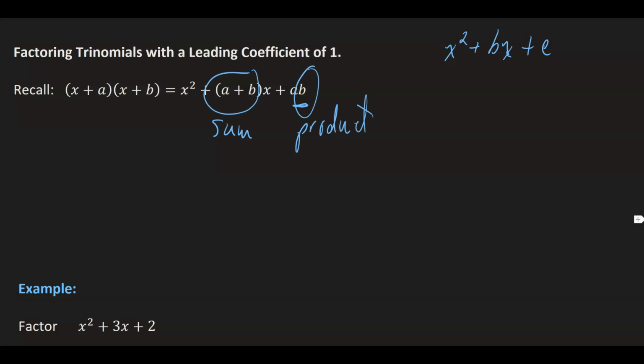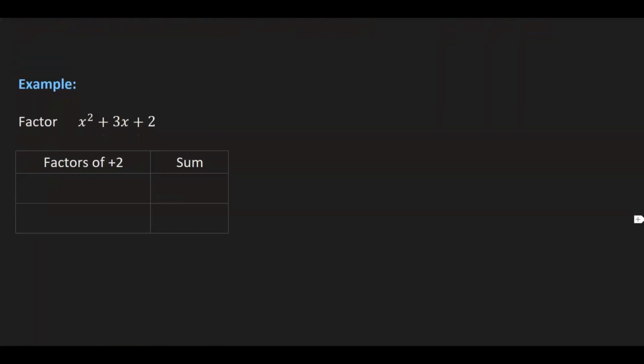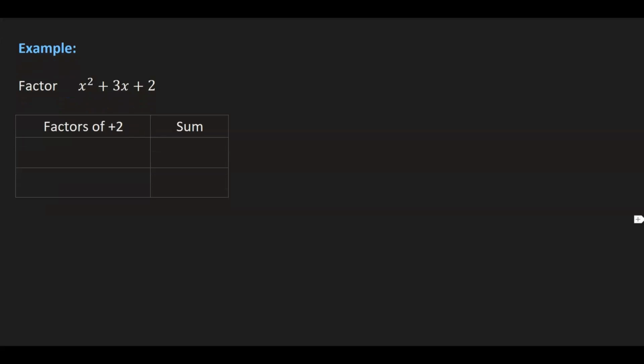Okay? So let's just scroll down here and we will ask ourselves the same thing with this example. It takes on the same form. And so we're looking for, remember we want to break this 3 into the a plus b, right? So we want to have 2 numbers that have a sum of 3, and they also require to have a product of 2. Now, I can start thinking about numbers that have a sum of 3.